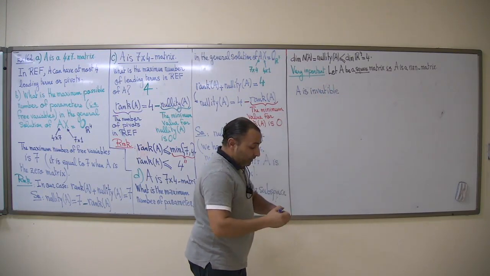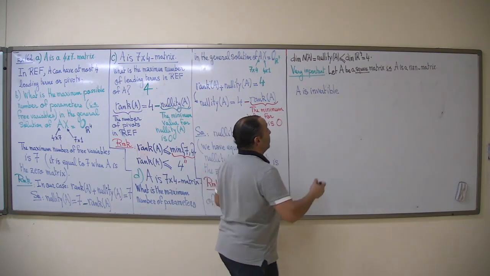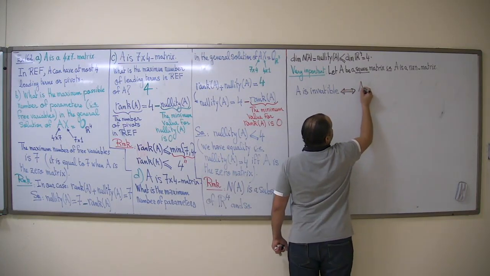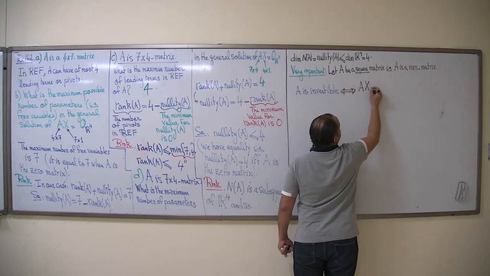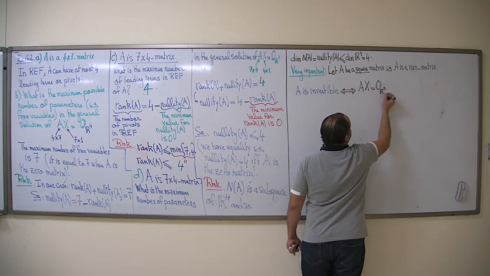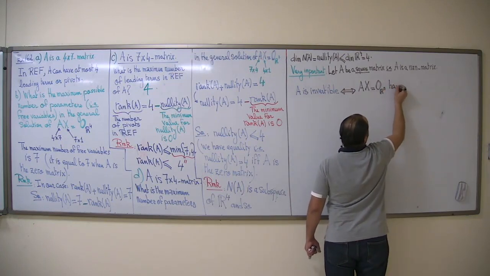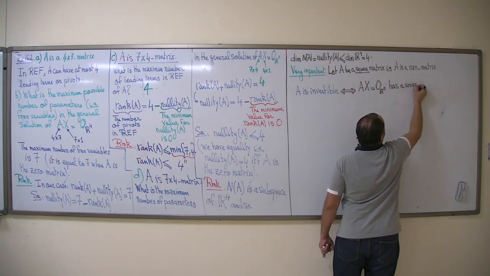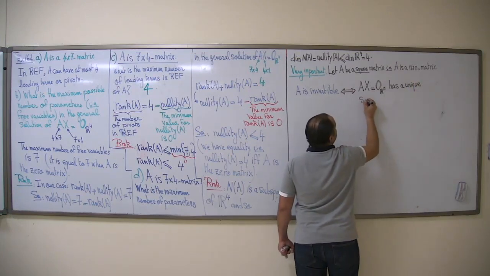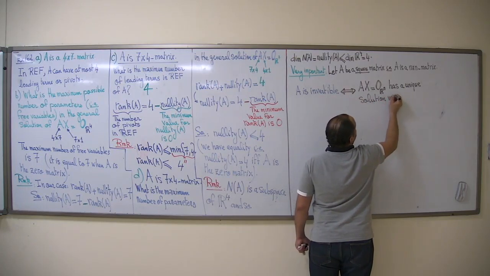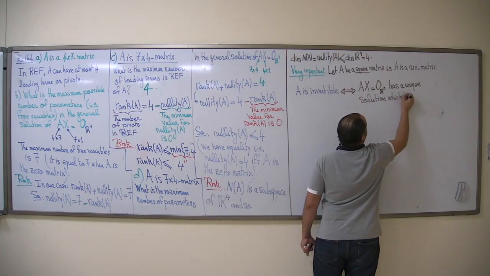We know that if the matrix A is invertible, this is equivalent to saying that the homogeneous system AX equals 0 in Rn has a unique solution, which is the trivial solution.